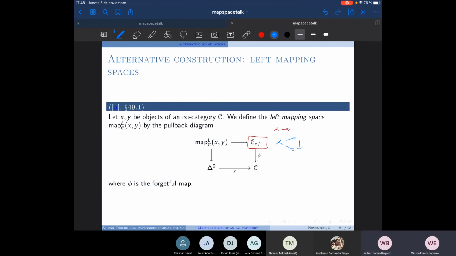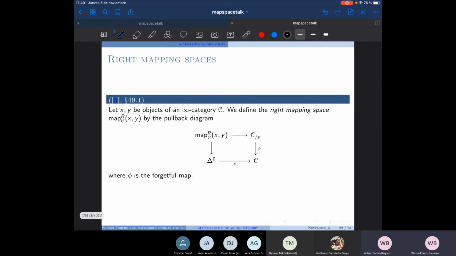Okay, so the forgetful functor phi, well, forgets what? Forgets X. So we have this diagram. When we take the pullback, we have the left mapping space. In the same way, we can do this construction, but over the codomain of the arrow. That means the right mapping space.